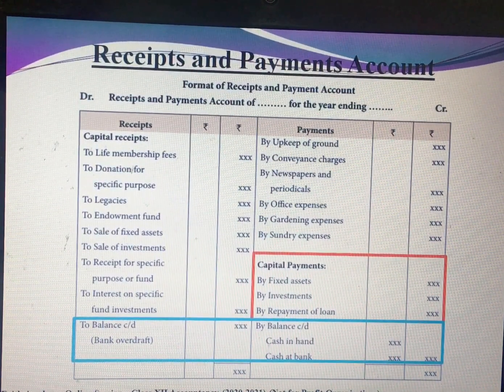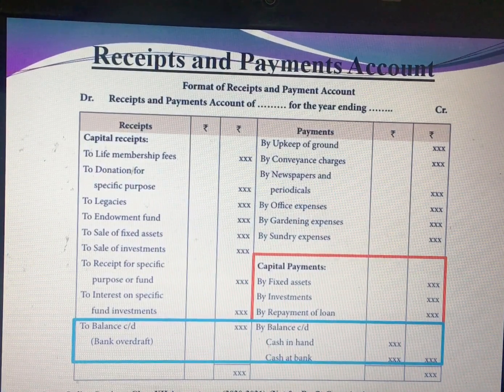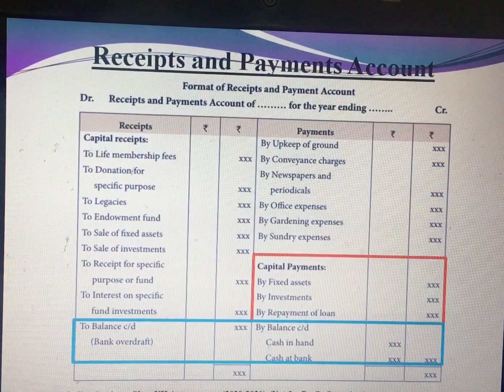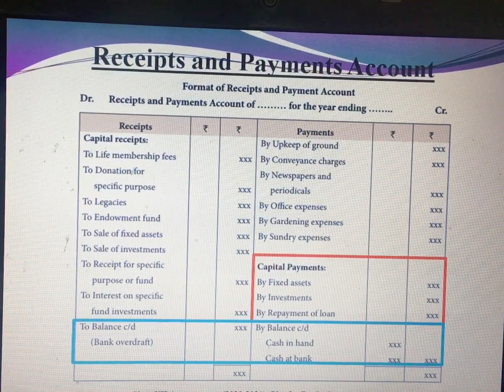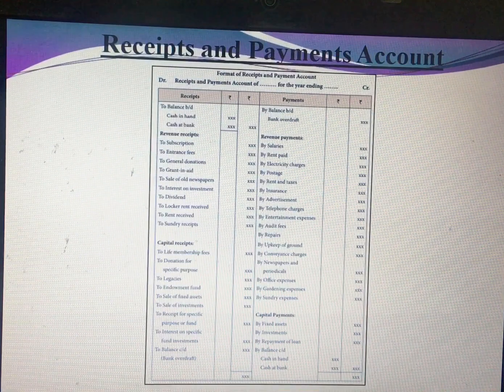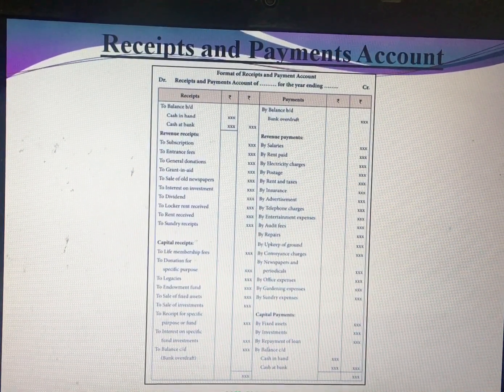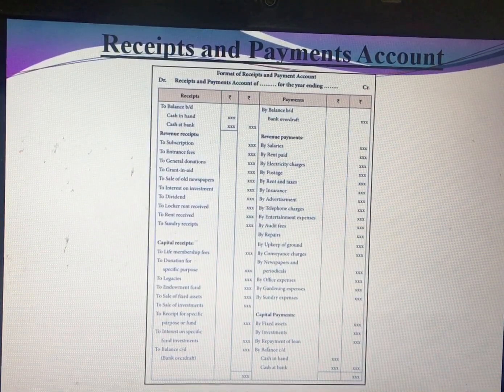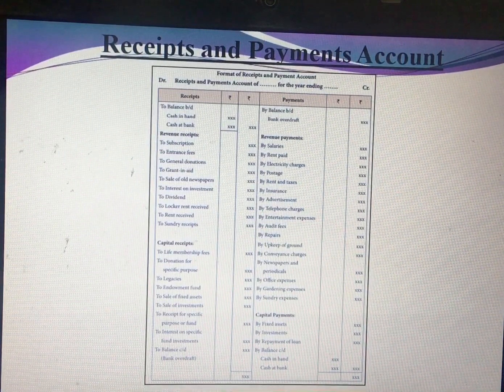It's the first financial statement that we have discussed in detail with meaning, features, formats, and a little bit of definitions. To finish off, I want you to make the receipts and payment account in this format in your registers.